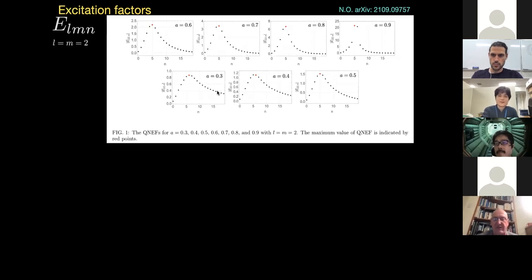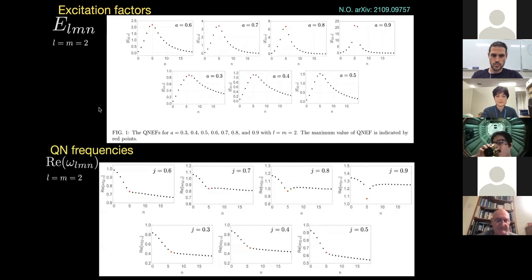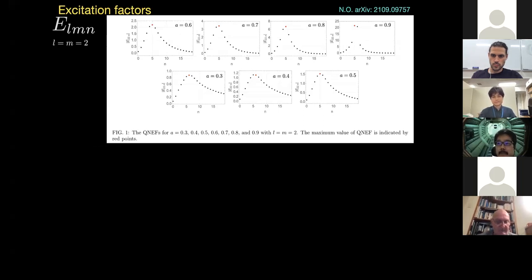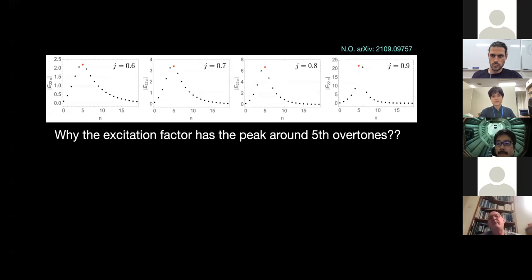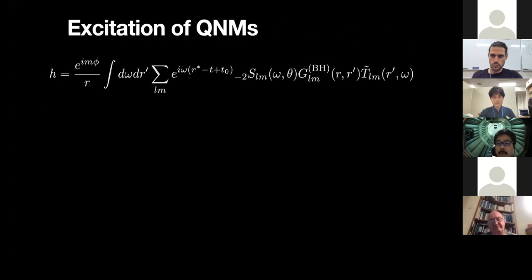So there's a reason that I did not show the 0.2 or 0.1 or even 0 spin. To explain this, I have to explain how I computed the excitation factors. As I said, to compute the excitation factors, we have to solve the Teukolsky equation.